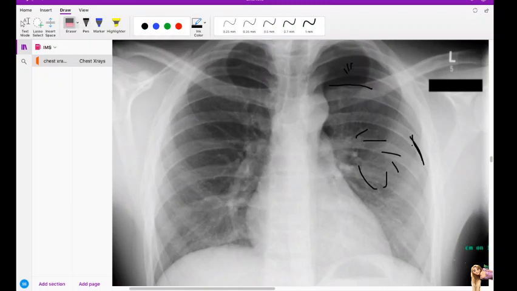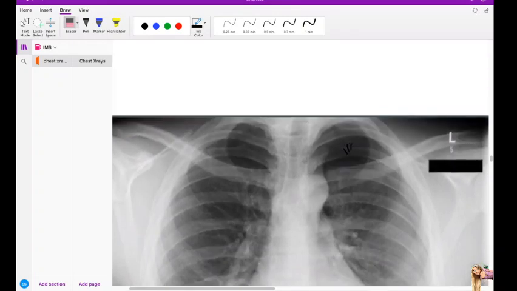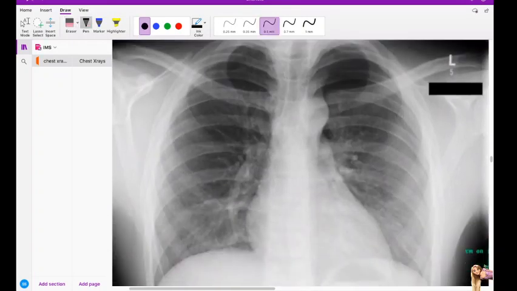Okay, I'm just going to clear everything up. Can you guys see? You're not able to see my cursor, right? Okay, that's the problem. This is the visceral pleural line. I'm just going to point to it with my arrow.